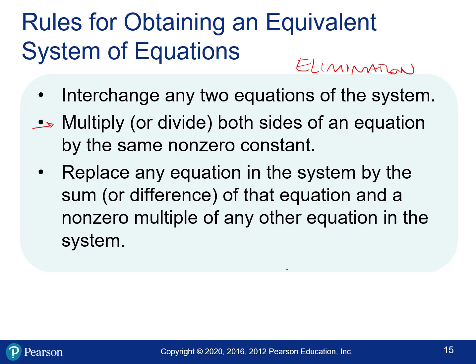And the goal is so that your variables, like let's say we had something like this, that when you add the equations, one of your variables eliminates. Or maybe we had something like this, then this would be the opposite, so that when we add, we get rid of one of the variables. Okay, so then also you can multiply both equations if you need to.